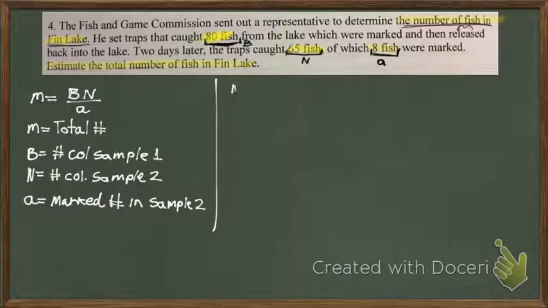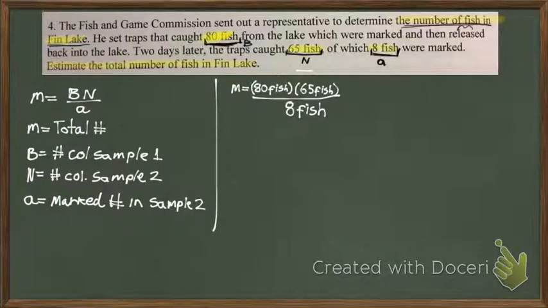We don't know what M is, so M stays M. We know that B is equal to 80 fish, times N, 65 fish, all divided by A, which in this case is 8 fish.